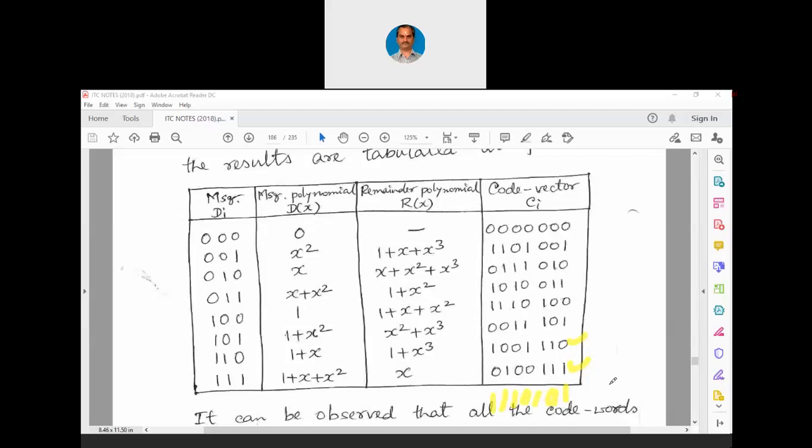So 1110101. Is it present anywhere? No. Again, this has 5 ones and 2 zeros. Actually, our addition should contain only 3 zeros and 4 ones. So that is not resulting here.